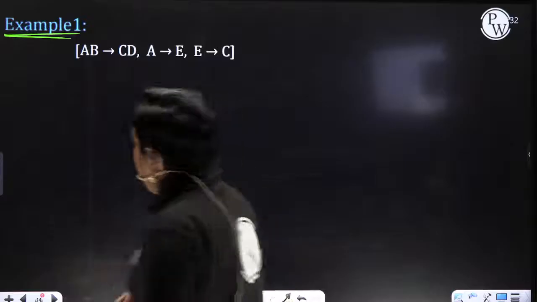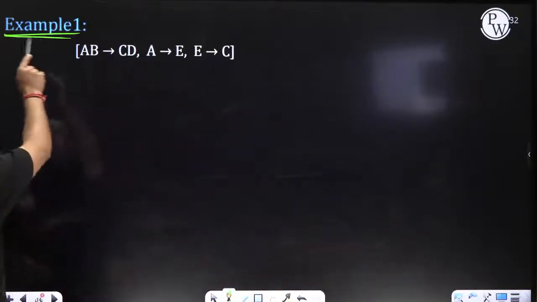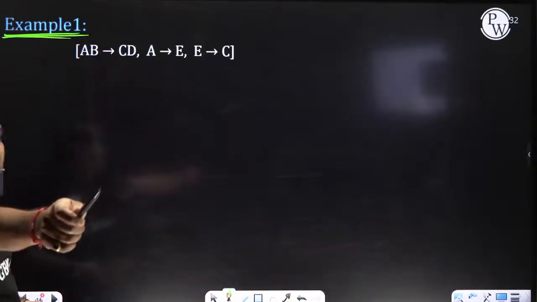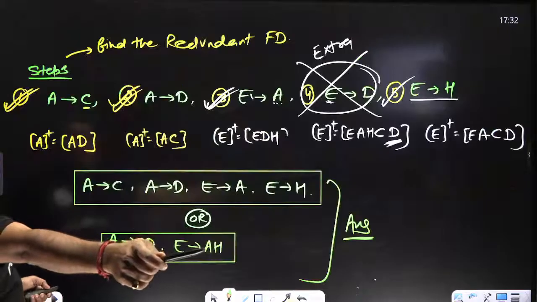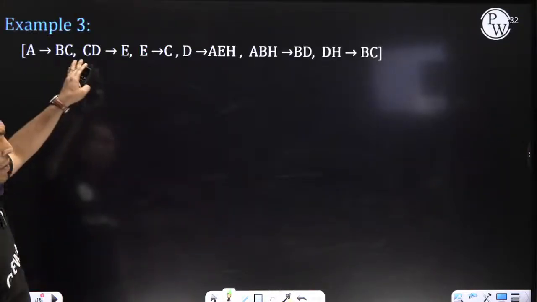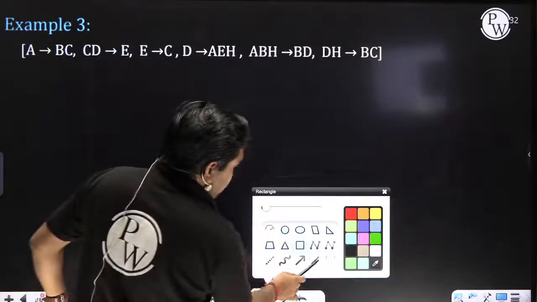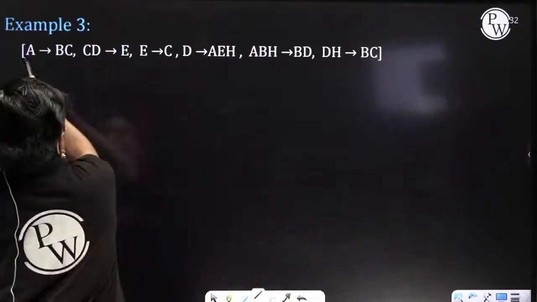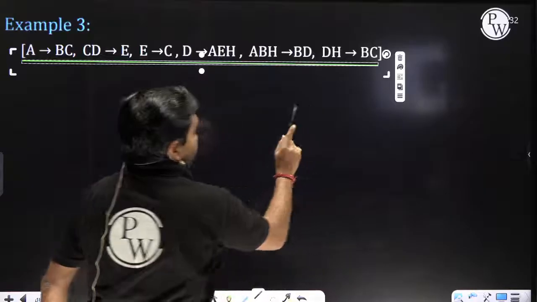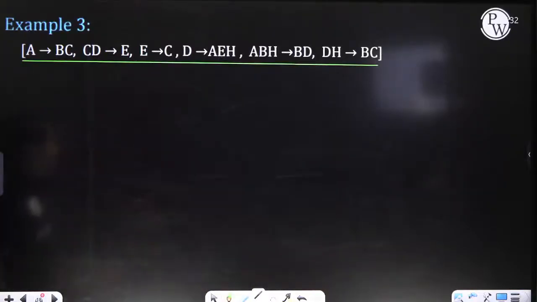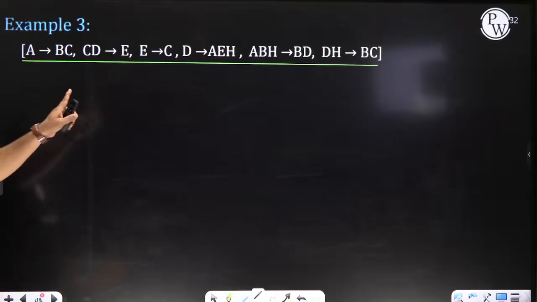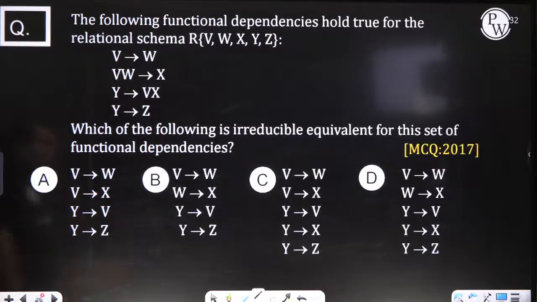Okay, my dear students, this one you will solve. Example number 1, I will give as homework. Don't worry. And this example, you solve as homework. I pause the video. Okay, we will check. This one and this GATE question, you will solve.